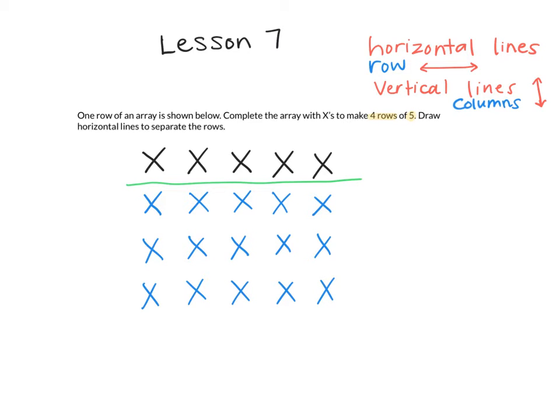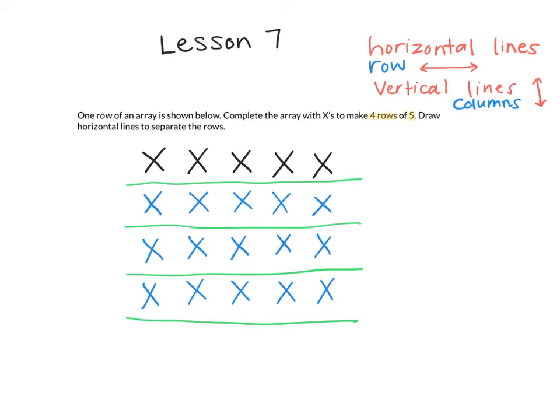I need to do that with this row and this row, and you can even do it with the last one. You don't have to, but I like to do it because then I can see that I have 4 rows, and the rows are all separated by the lines. So I completed the array, making sure I had the right amount of rows and the right amount of X's inside each row. Then I did the second part, which was to draw horizontal lines to separate the rows.